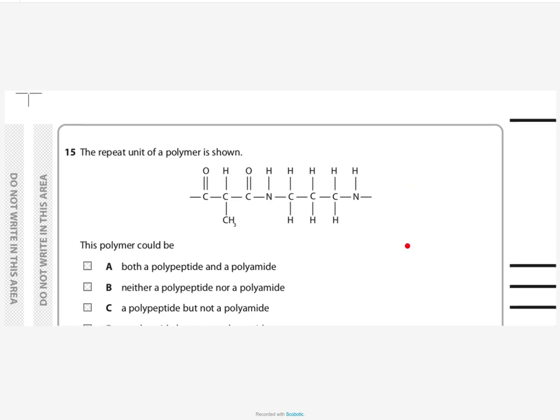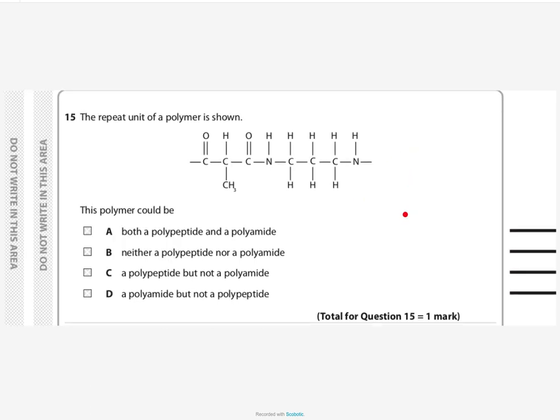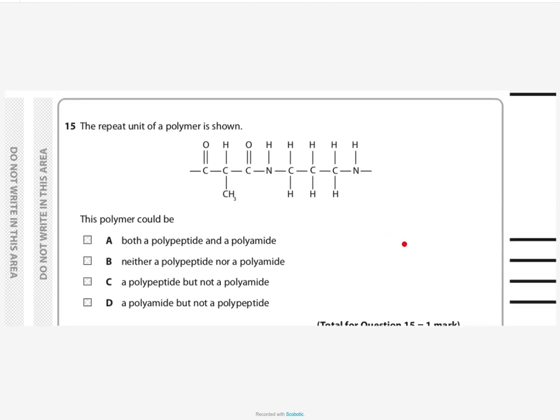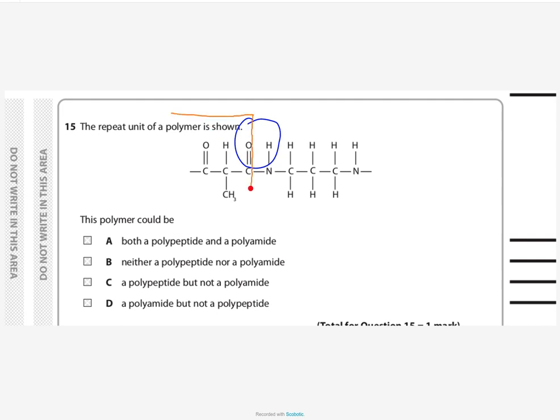The repeat unit of the polymer is shown. You can see the amide linkage here. That means this has to be one of the monomers, and this is another monomer.